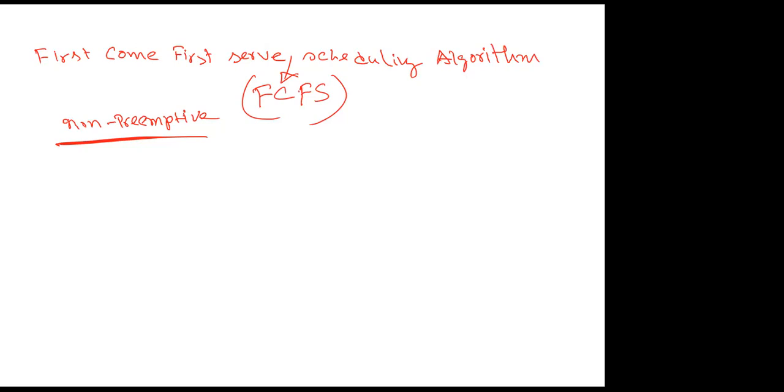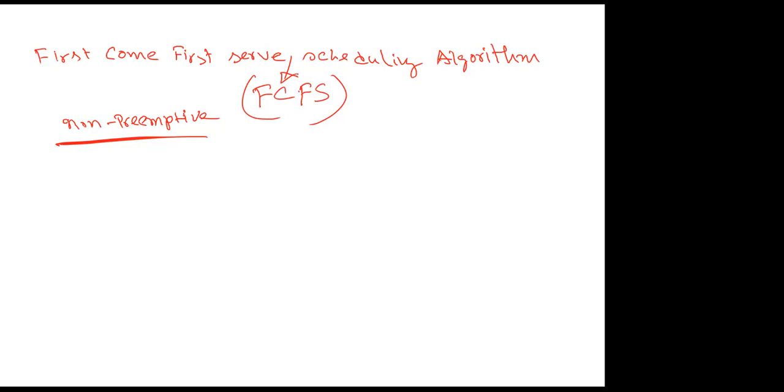It is simply the process which arrives at the RAM first that your operating system will schedule to execute first. So this is a non-priority-based scheduling algorithm.